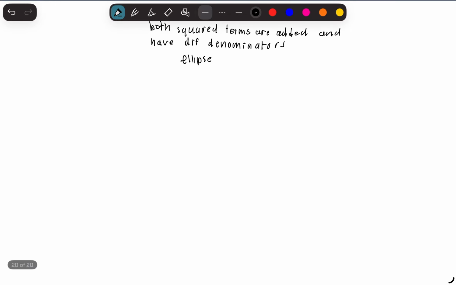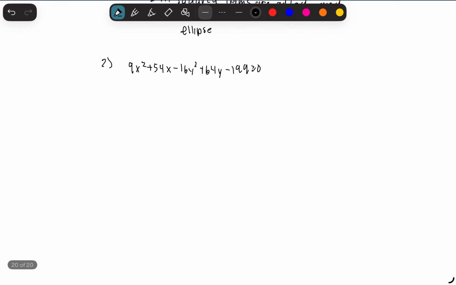Now, what about this question? 9x squared.